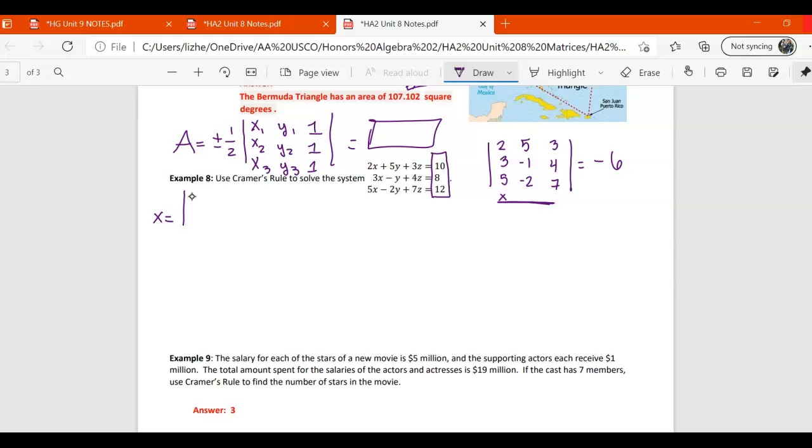So I'm going to go, since x comes first, I do 10, 8, 12. The y's stay the same, 5, -1, -2, and the z's stay the same, 3, 4, 7. And I need to find that determinant, and I will divide it by my coefficient determinant, which is -6. So let me do that on the calculator real quick.